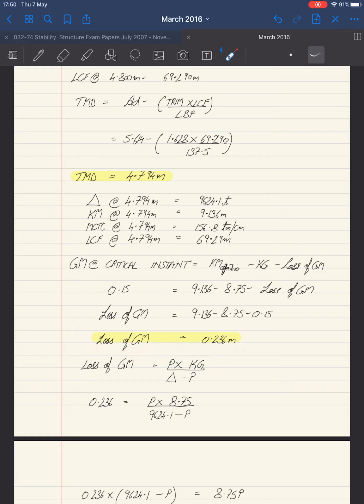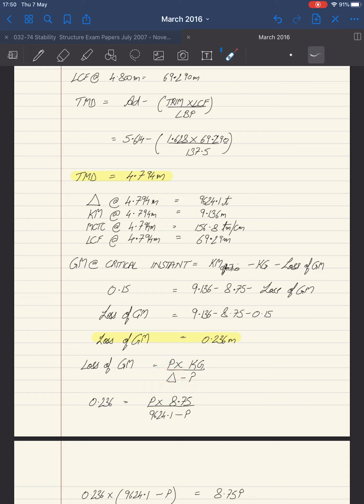Now we'll apply the formula for loss of GM. So loss of GM is equal to the P force multiplied by the KG of the vessel divided by the displacement of the vessel minus the P force. This displacement is the actual displacement of the vessel.